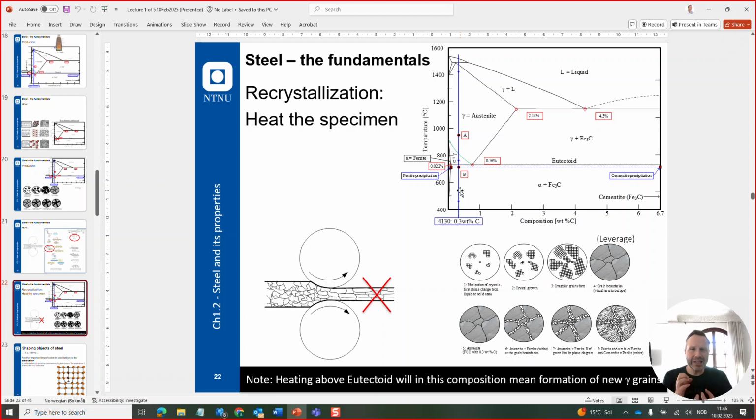And all these oriented, big, elongated grains, they start to recrystallize. And new, beautiful, small grains are taking place. They grow and they become homogeneous. The specimen goes back to its homogeneous properties. Recrystallization by heat treatments.